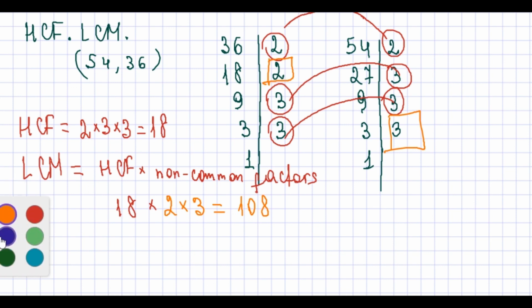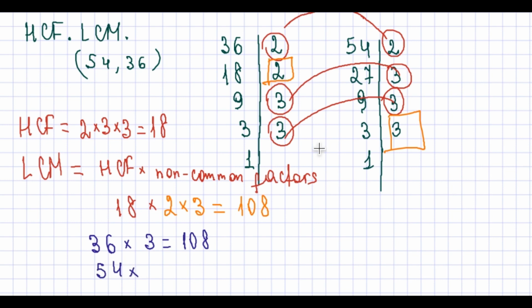Another way to find LCM from this method is to take one of the numbers, 36, and multiply by the non-common factor of the other number, that is 3, it is 108. Or 54, I multiply by the non-common factor of the other number, this is 2, and the answer is again 108. So HCF of 54 and 36 is 18, and LCM of them is 108.